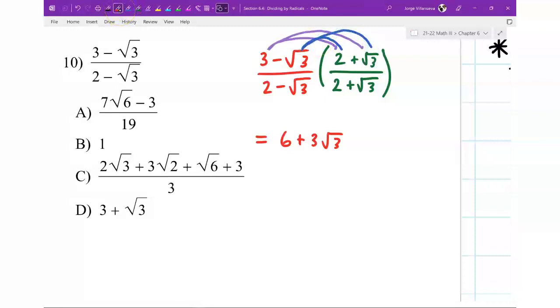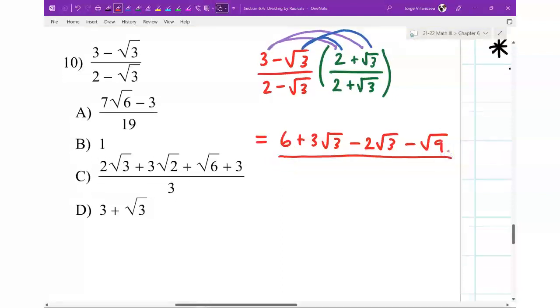So again, be very careful with this. It gets messy. That's why I'm just going slow. Negative radical 3 times 2 is a negative 2 radical 3. Negative radical 3 times radical 3 is a negative radical 9. We can simplify, okay? But we'll do that in the next step.